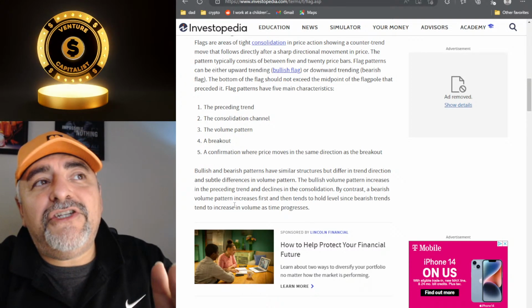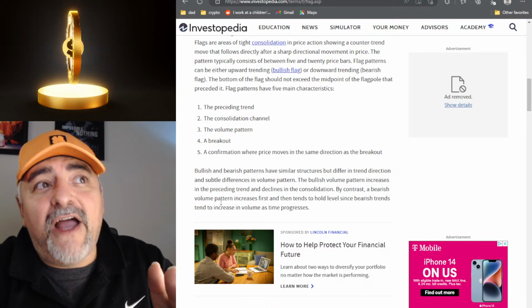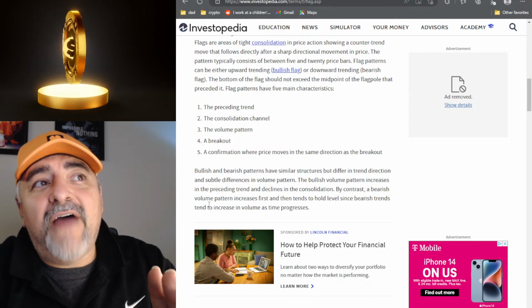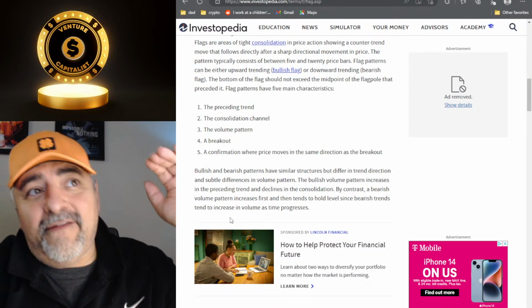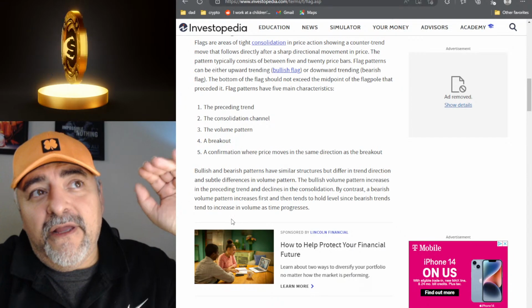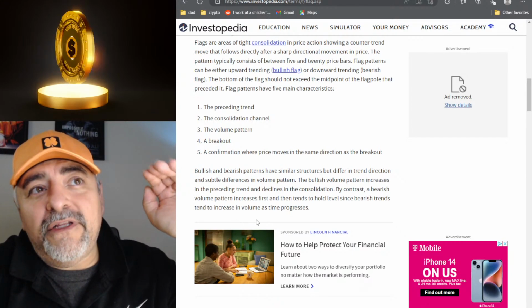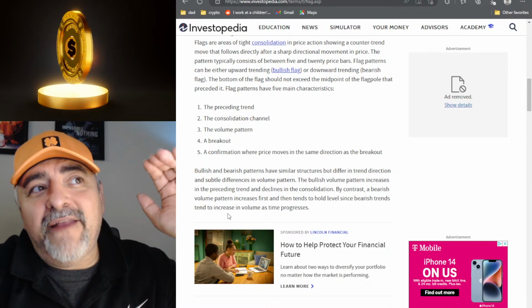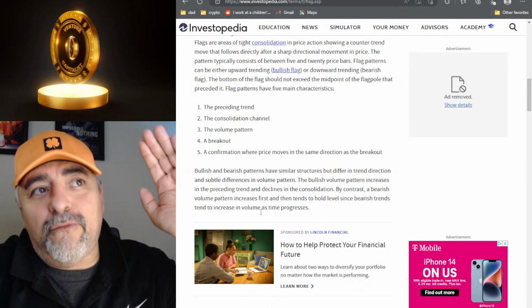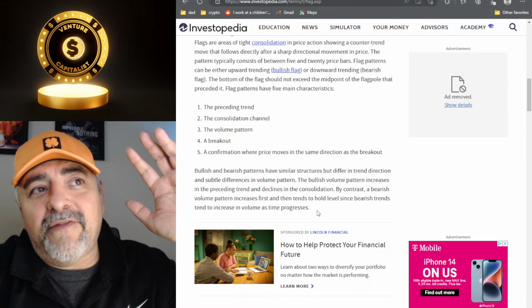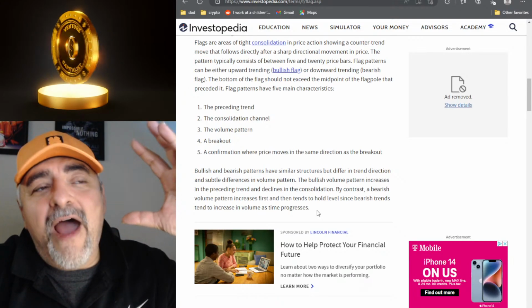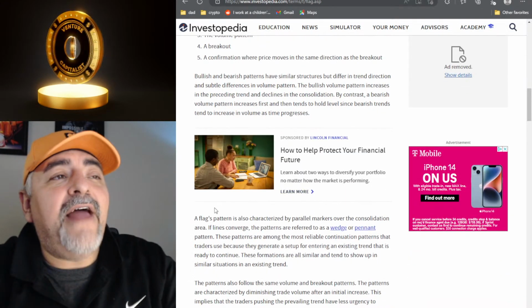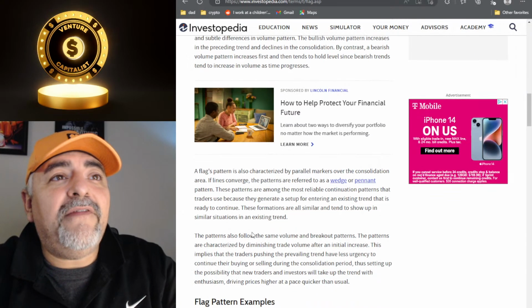A bearish volume pattern increases first and then tends to hold a level, since bearish trends tend to increase volume as time progresses, right? So you're getting more volume, but you're not getting any movement. A flag pattern is basically a parallel marker.